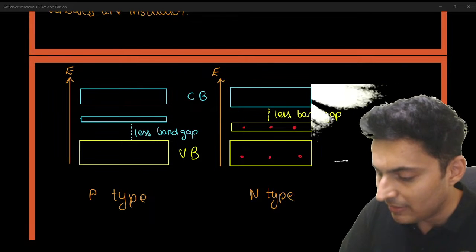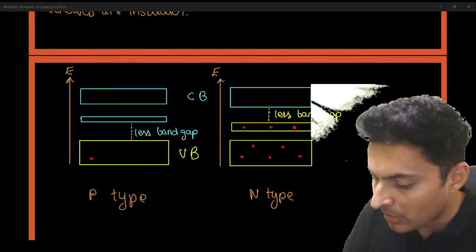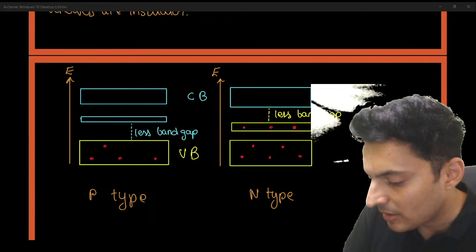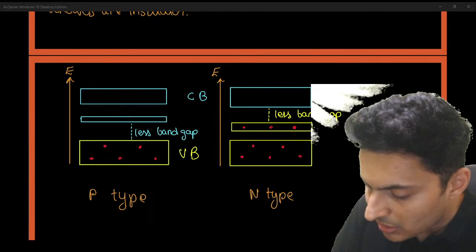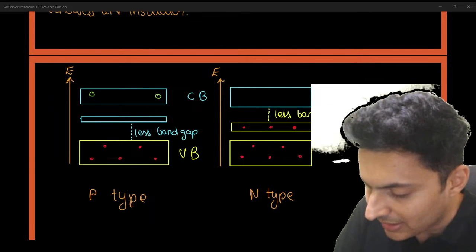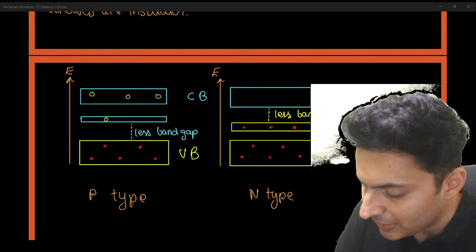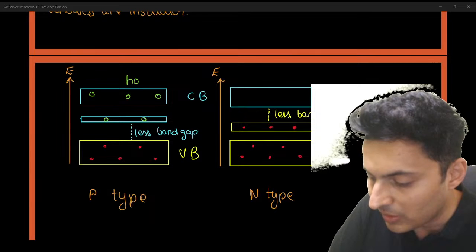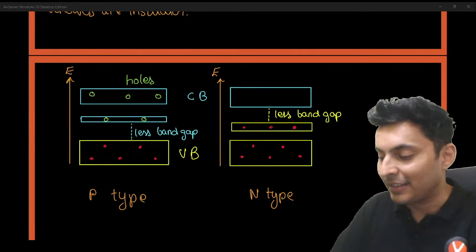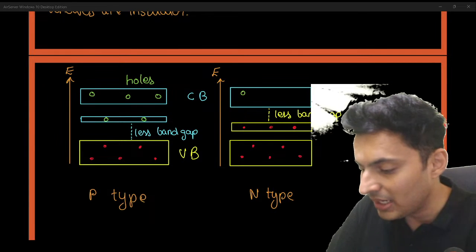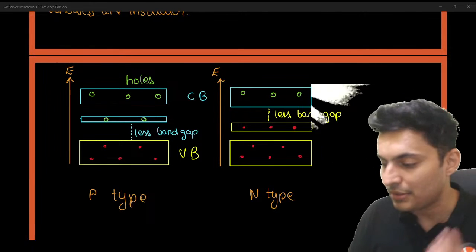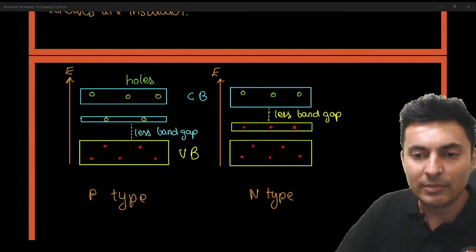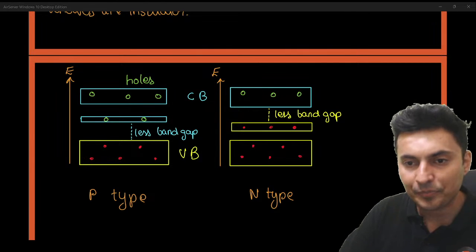Earlier, the electrons were anyways there in the valence band, but now you have added some extra electrons. In p-type, you have now created newer holes at a smaller energy level. That is the major difference between p-type and n-type semiconductor energy levels.